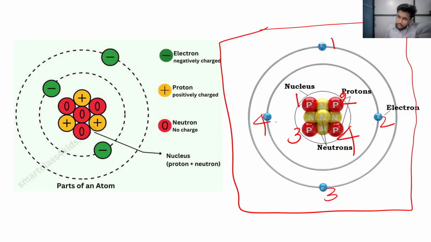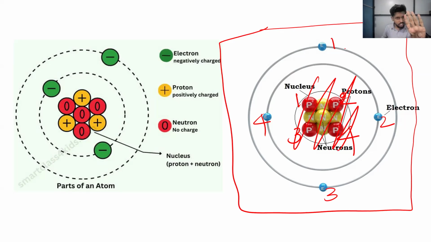And already you know that the proton has what charge? Positive charge, the plus charge, right? And the electrons have negative charge. So if I ask what is the total charge of the atom, you want to add the protons and the electrons.